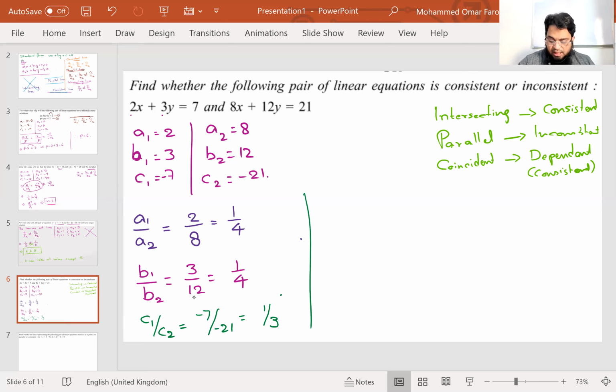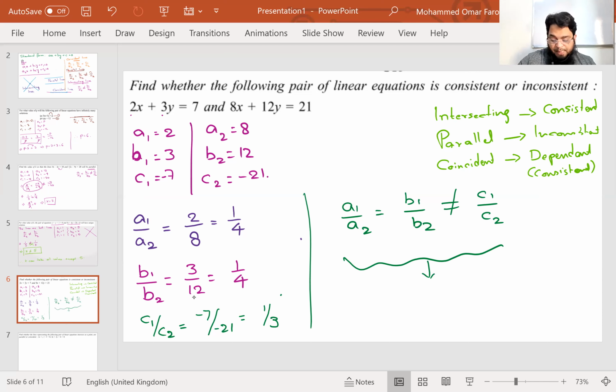Here we can clearly see that a1 by a2 equals b1 by b2, which is not equal to c1 by c2, and we know that this condition is satisfied for parallel lines. And we have already recalled that parallel lines are called inconsistent lines. Understood how to solve this? Let us go to the next one.